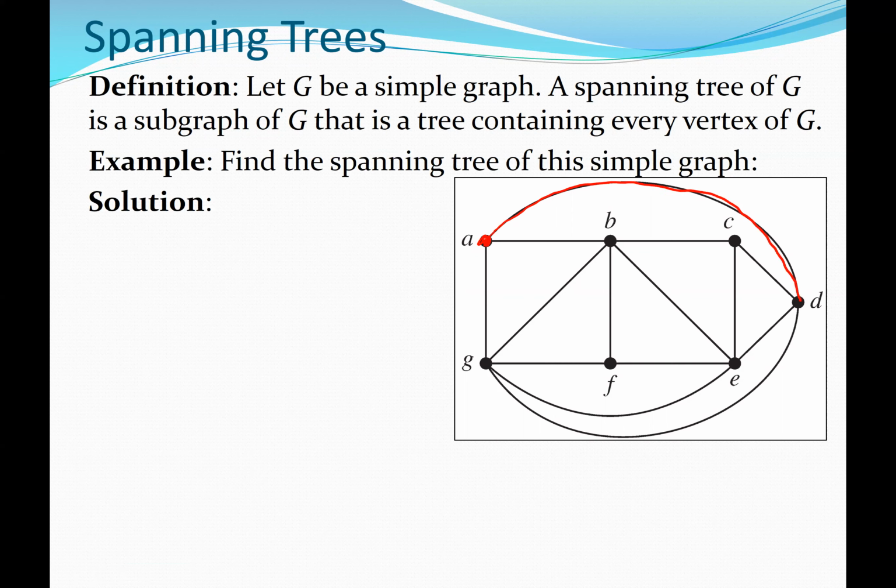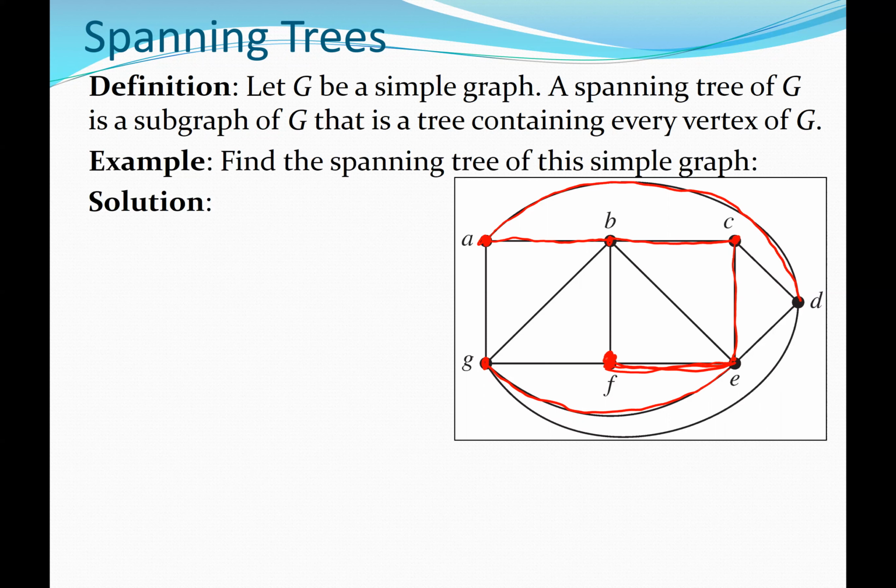You can go there, there, and there, as long as we don't create any simple circuits, then we should be good. So I'm going to go down here and then I'll go back to this one. Are there any circuits? No, we don't have any circuits, so we're good. So there we go, that is one option of a tree.